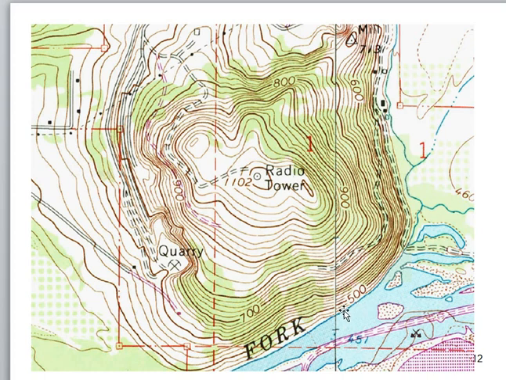So 460 feet, and then the top of this hill is 1,120 feet. And you can see that this side of the hill has a much gentler slope than here. These lines are almost touching each other. This would be a very steep area.